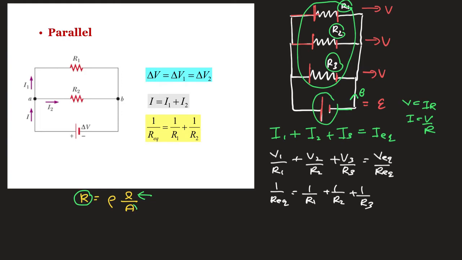And if you increase the area, which means you increase the surface area or the path for the electrons to move, you are going to decrease the resistance. So we can conclude that the understanding of the arrangement in series and parallel is equal to the previous chapter's concept of resistance.